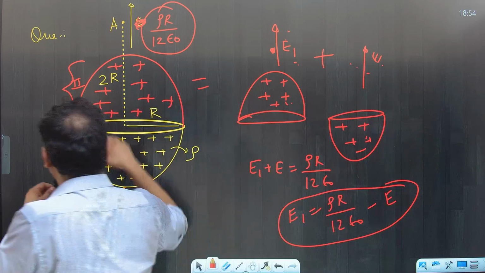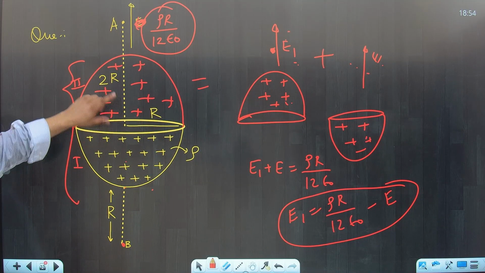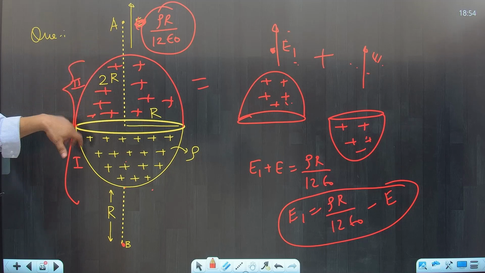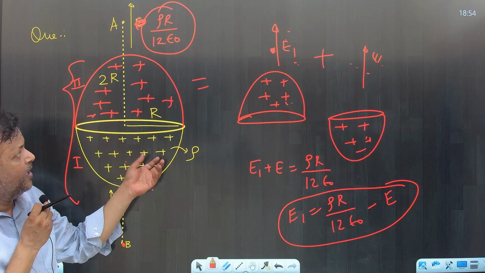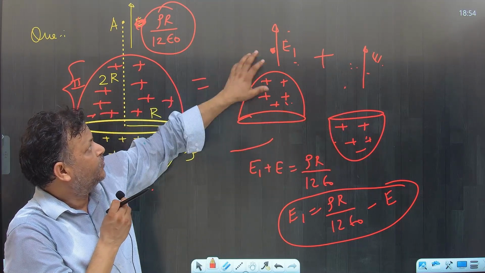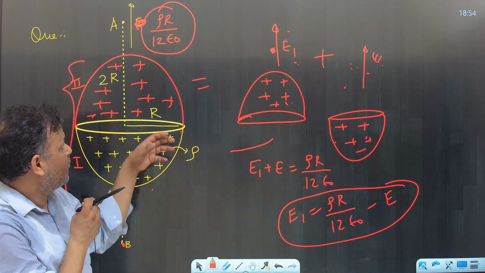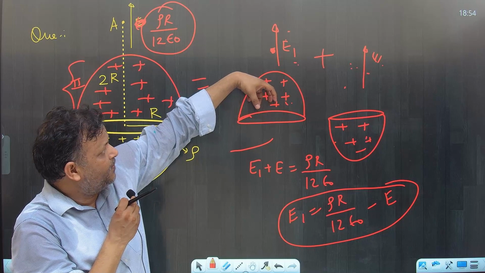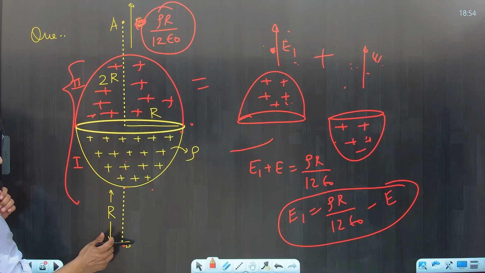You can complete it by using another hemisphere, and due to the complete sphere there is an electric field at this point, which is due to this plus due to this. Due to this it was given E, and due to this you have to find. So this plus this was this much, so E1 was this much. The electric field this hemisphere has at this point is the same as the other hemisphere at its point.